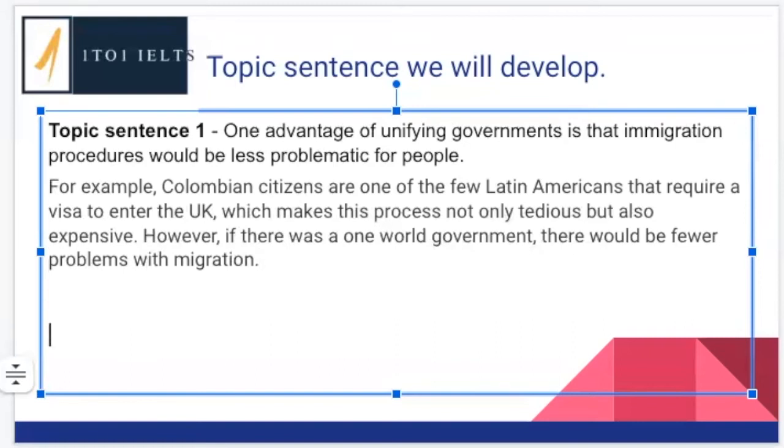So the coordinating conjunctions are, do them in order so I can remember, FANBOYS: for, and, nor, but, or, yet, so.